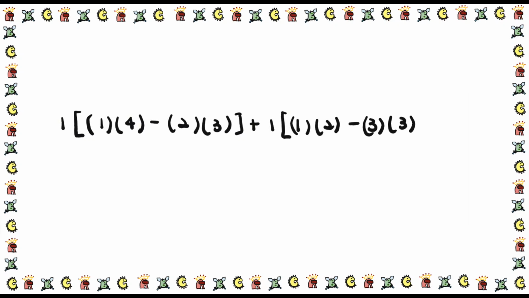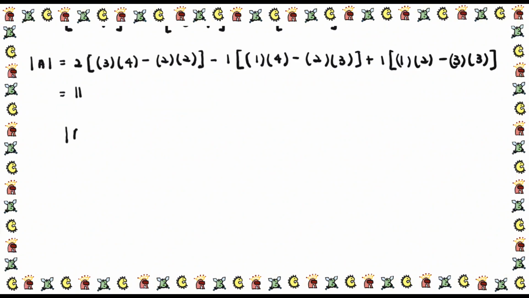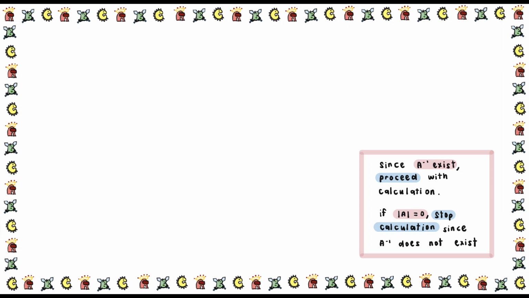We get the answer, which is 11. Hence, the determinant of matrix A is not equal to 0 and the inverse matrix exists. So, let's continue.